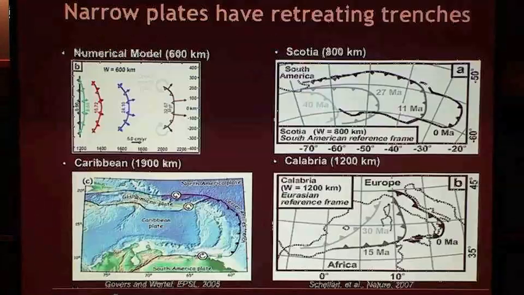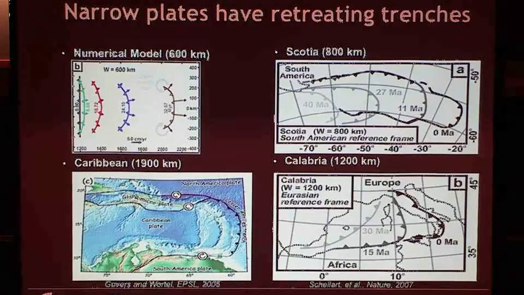Okay, so very quickly, those initial trenches that we had evolved to become more curved. When you have narrow plates of just 1,000 kilometers or so, we see this in plate reconstruction. The Scotia plate started off and progressively retreated backwards and became more curved. Another example is the boot of Italy.